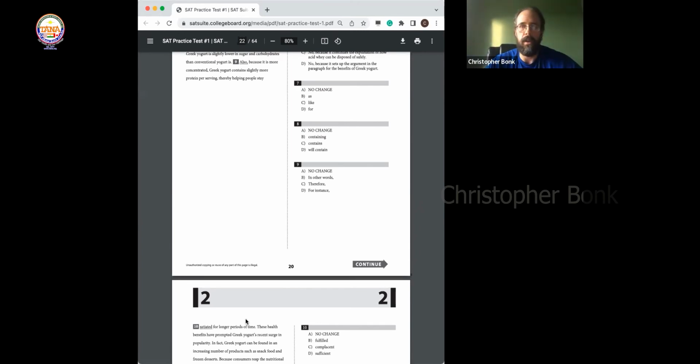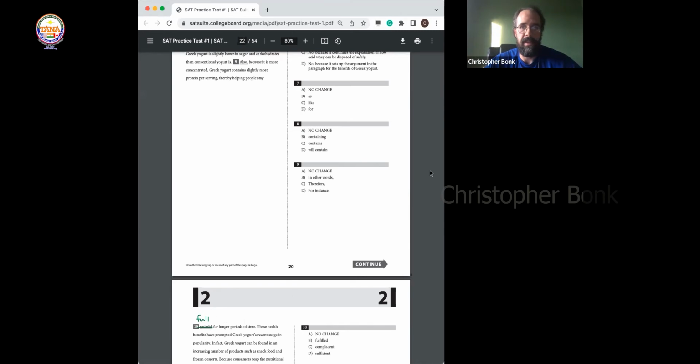Overall, this article has been fairly conversational, fairly easy to read, not a ton of high-level academic vocabulary. If I was writing it myself, I might just say full, help people stay full because we're dealing with food, or even just say satisfied. But I think full would be a great word right there. Now, either way, getting your own word, that can help you look to the answers.